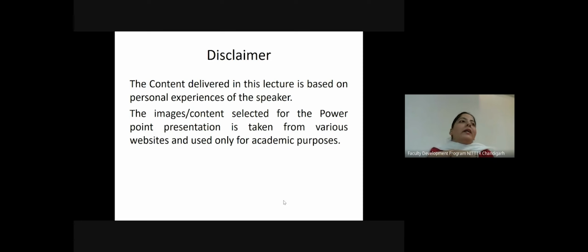Say, for example, at NITTTR Chandigarh, when I am designing a multiple choice test paper for my students, I know their level, and as per their maturity and level of understanding, I design statements appropriate to them.